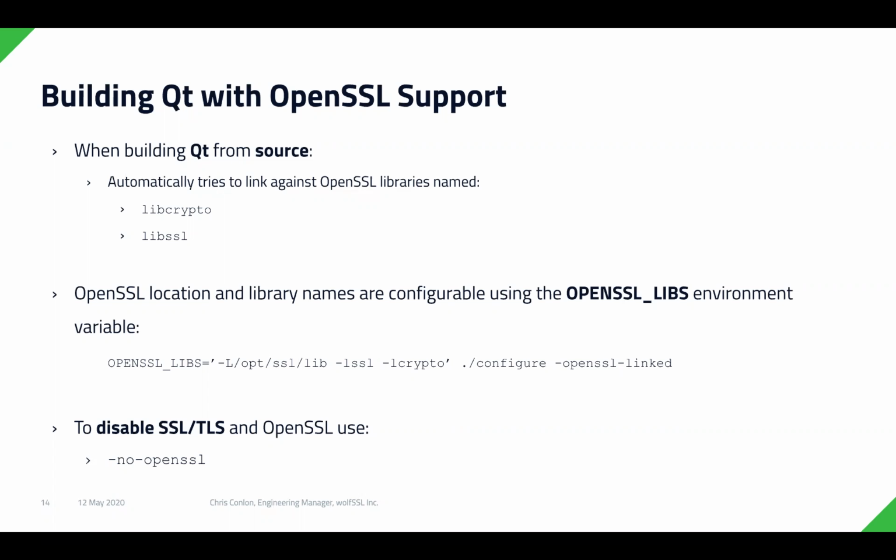You can see here on the middle of this slide an example of setting that and setting the linker path, as well as linking against the SSL and crypto libraries. It's also running configure with the -openssl-linked option. You can disable SSL and TLS support in Qt by using the -no-openssl build option.